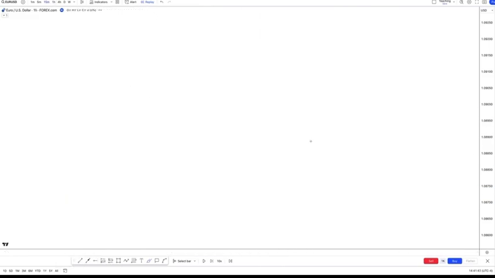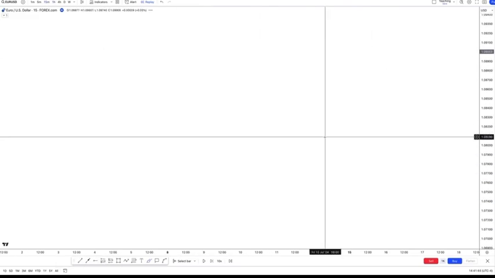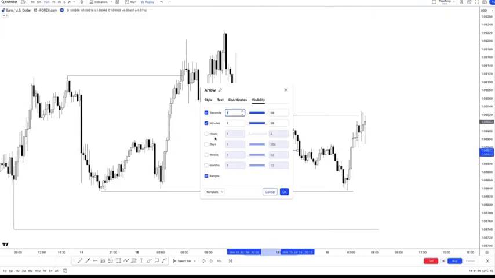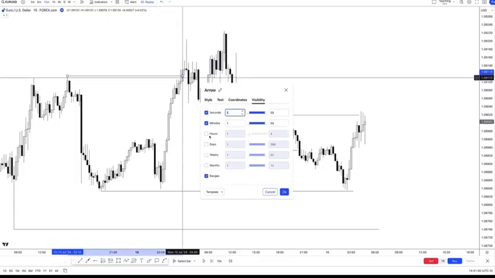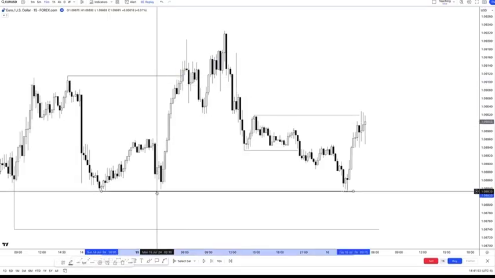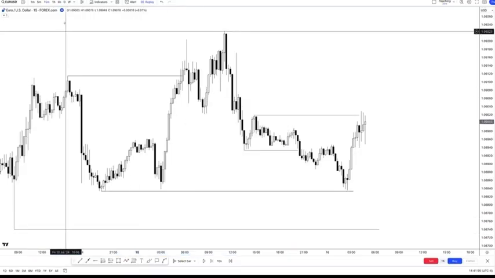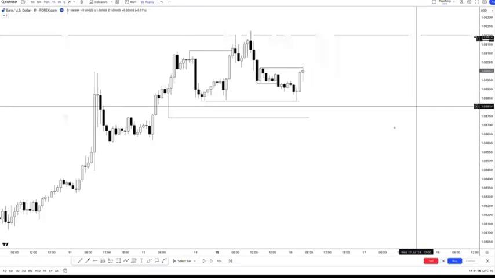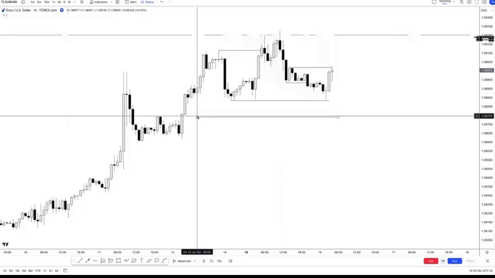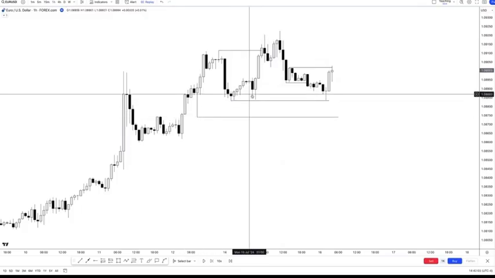Now, if we go in the hourly for a second, these markings aren't showing. One second, guys. Cool. We can see we have this wick over here that price has been respecting once, twice.